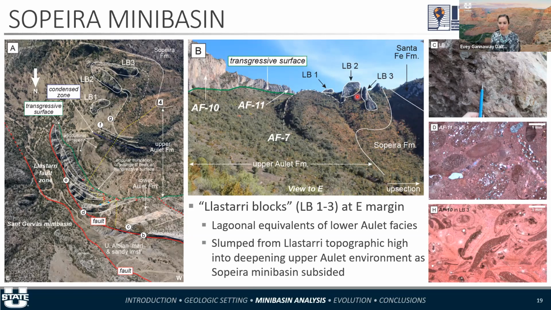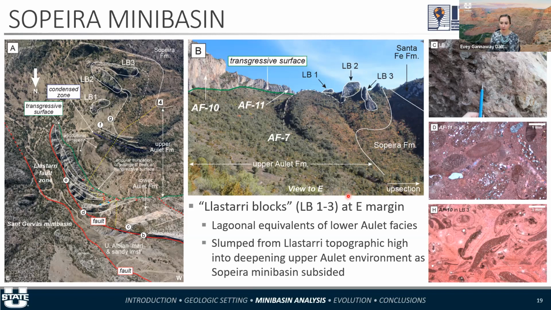So here's another perspective of these three blocks that you see, 1, 2, 3. We've dubbed them the Yastari blocks because there's a little abandoned community of Yastaris actually built into several of these. But facies wise, they most closely match our lower Aulet strata, albeit with more whole fossils and more abundant mud, things that we use to interpret them as lagoonal environments.